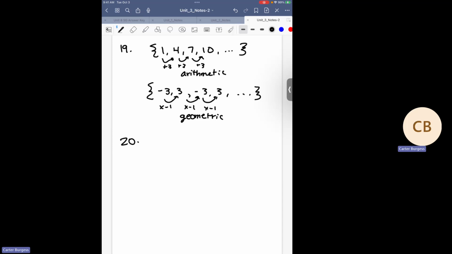Looking at 20, we are trying to find the 20th term of the sequence. This is 1, 3/2, 9/4, 27/8, so on. Okay, so what do I notice about this particular example?